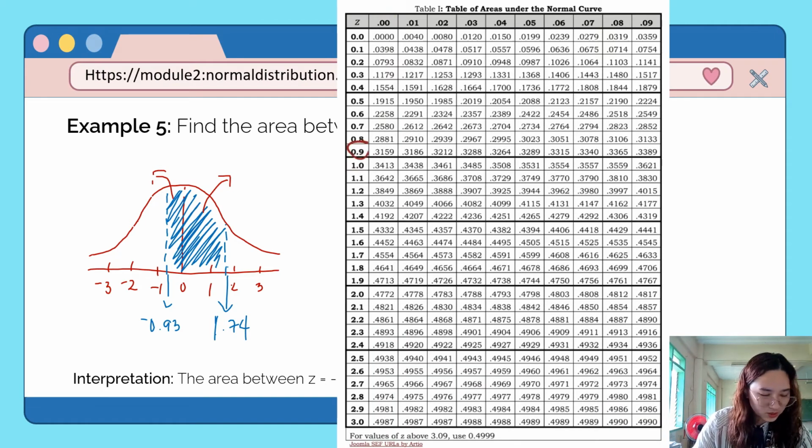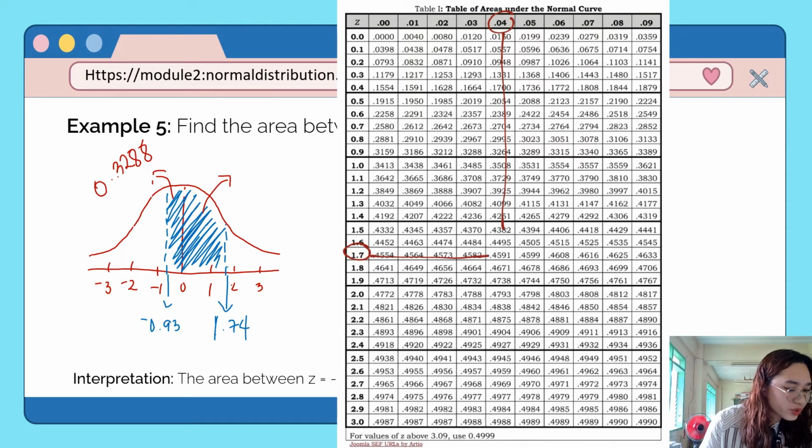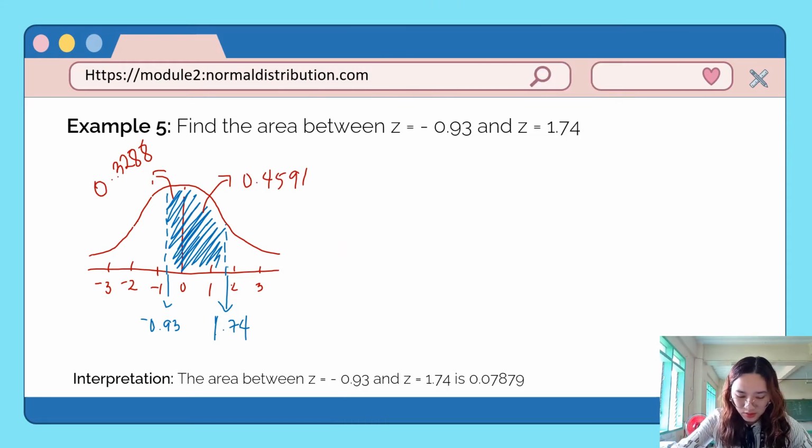Ayan. So, hanapin muna natin yung 0.93, 0.9, tapos 3. So, we have 0.3288. Ayan. The next naman is 1.74. 1.7, then 0.04. So, we have 0.4591. Ayan. So, kung mapapansin nyo, ipagsasama lang natin kasi nga between. So, we can now have the area between negative 0.93 and 1.74.